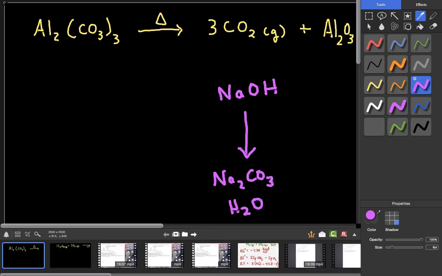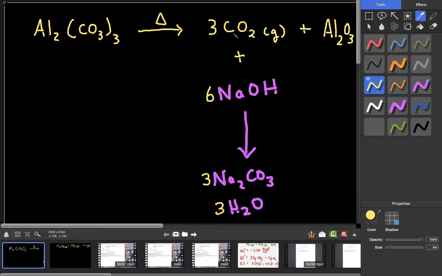So I really think the beginning portion is we need to balance this. And so we have 3 moles of CO2. So why don't we have 3 of these, which means we would need 6 of these. So the carbonate's taken care of. Now we need to worry about water. We have 6 hydrogens. Let's try 3 H2Os, and then we want to just make sure that all of our atoms are balanced.